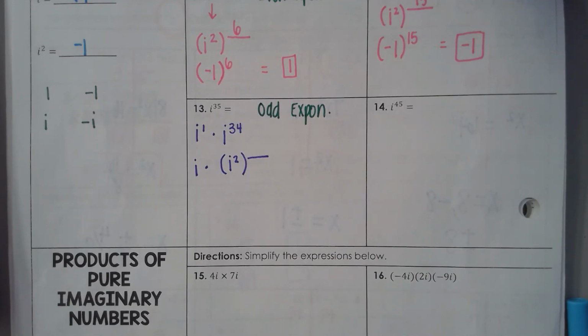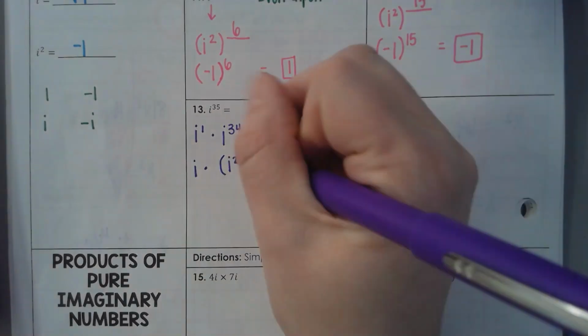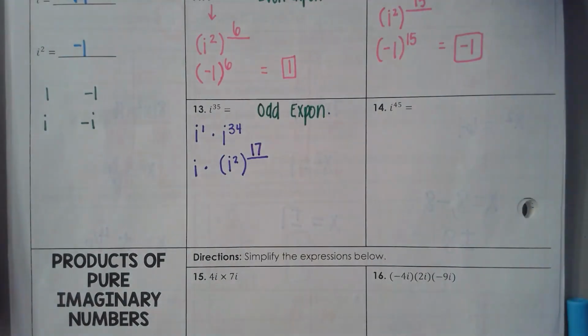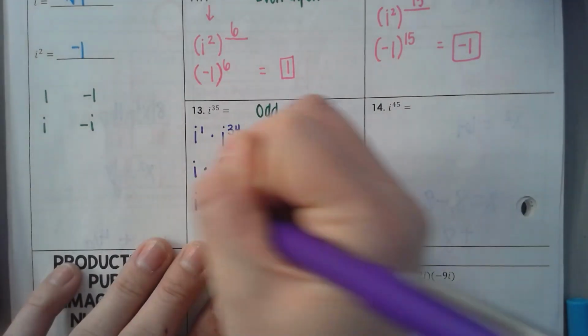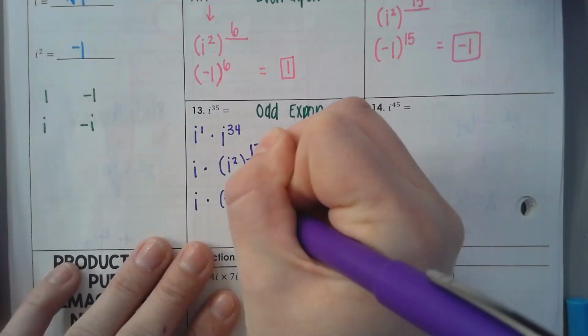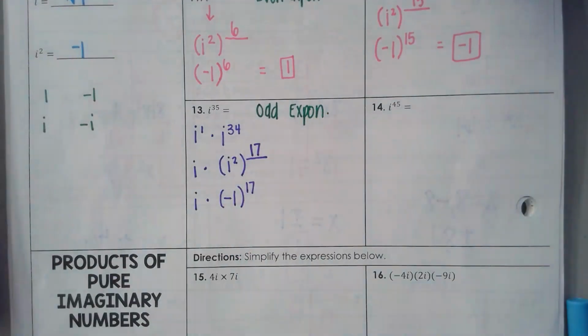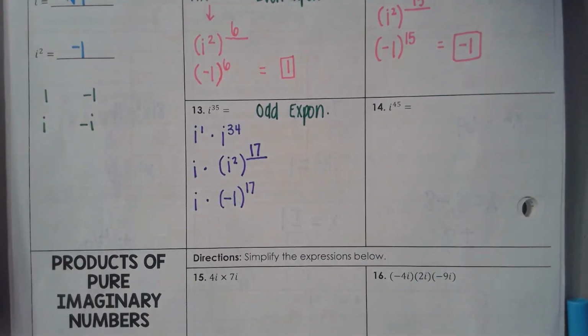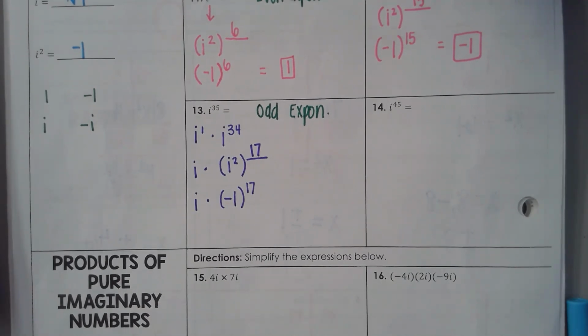What power would that need to be? 17. Yep. So this is i times negative 1 to the 17th power. What is negative 1 to the 17th power?